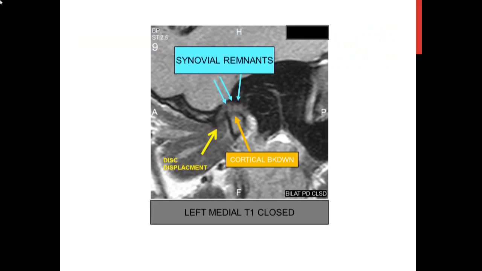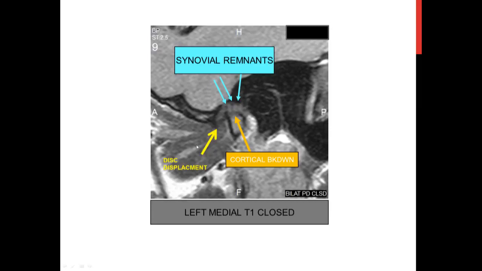This is the MRI of one of my patients. This is the left joint, and you can see that there's breakdown of the cortical bone. The cortical bone would be exampled by this black line around the condyle over here, and the cortical breakdown by the mustard color arrow. Above that are these little black studs, which are likely to be synovial remnants.